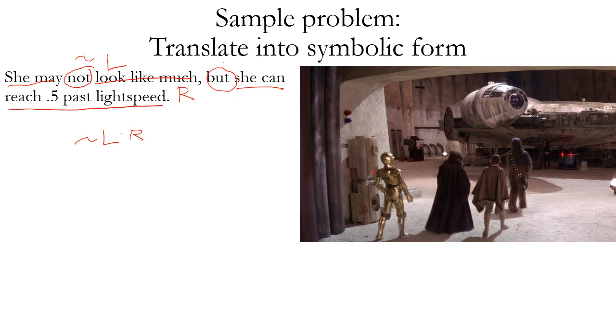Remember, you do have a choice in terms of which capital letter to translate each simple statement with. Once you've used one capital letter in one problem or one argument, you need to be consistent and use it for that simple statement if it recurs. And also, it's customary to choose a capital letter that reminds you of one of the main words, like the subject or the main verb in the statement that you're translating.